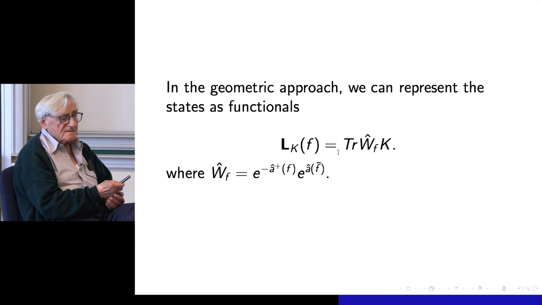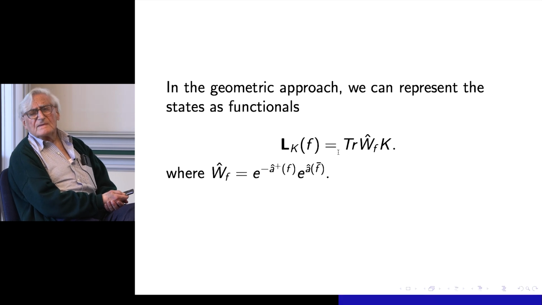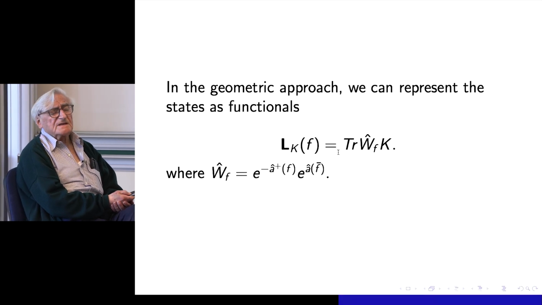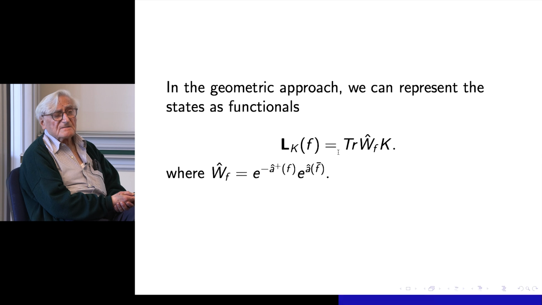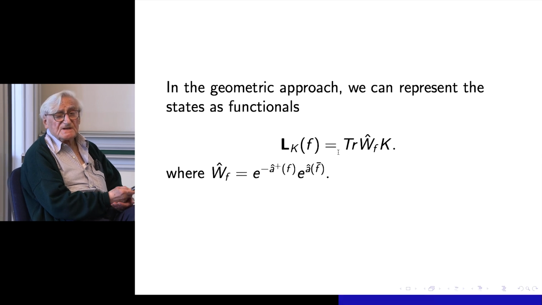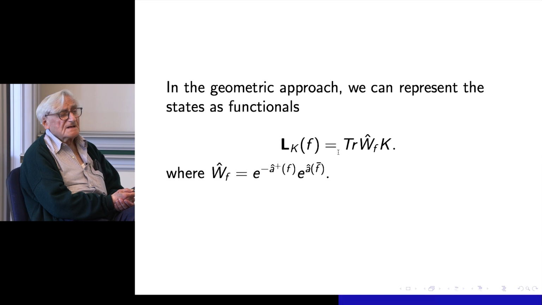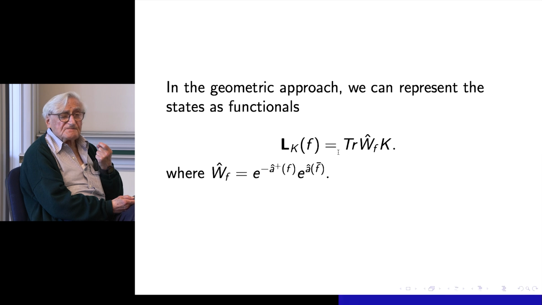Let me explain why. What is K? K is any density matrix. Density matrix is, by definition of quantum mechanics, a self-adjoint operator which is positively definite and has unit trace, which means in particular that it belongs to what is called trace class.